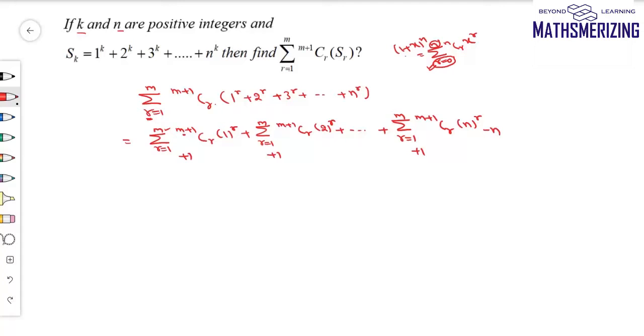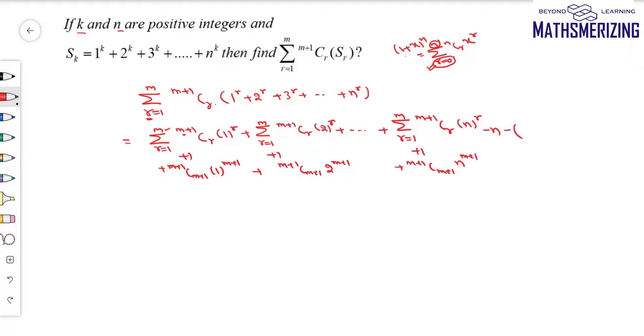And then I'll also have to add the (m+1)th term. So in the first case, I'll need to add (m+1)C(m+1) times 1 to the power of m plus 1, and then (m+1)C(m+1) times 2 to the power of m plus 1, and go all the way up to (m+1)C(m+1) times n to the power of m plus 1.